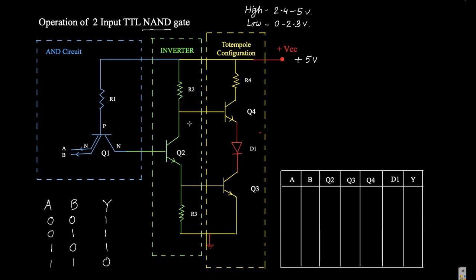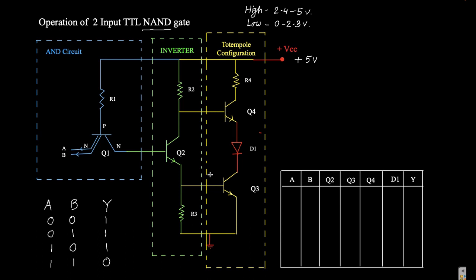One thing you have to keep in mind is that this is an NPN transistor, because the arrow is pointing outward from the transistor. If the arrow were pointing inward, it would be PNP. So all the transistors we use here are NPN transistors.